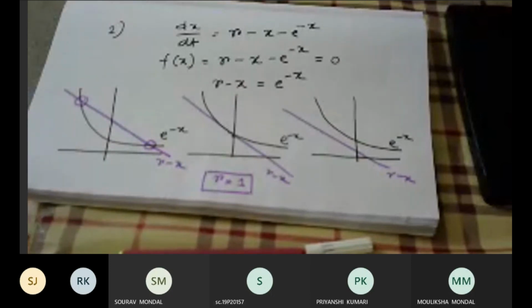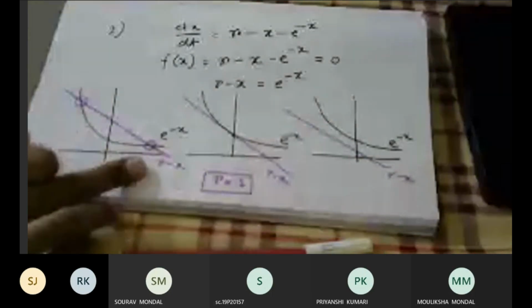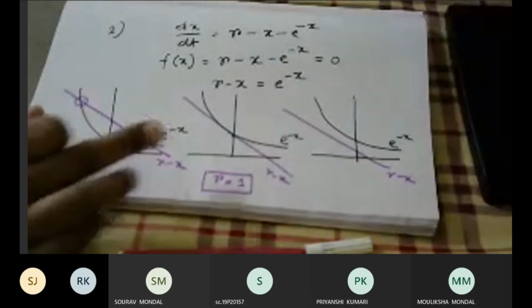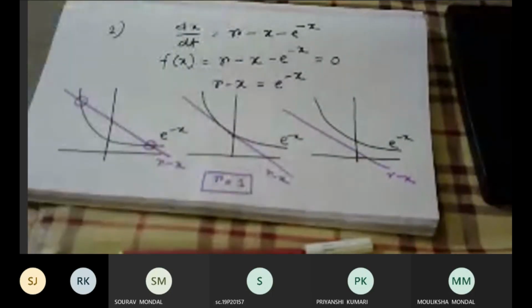Figure out which one was stable, which one was unstable, and see how r was changing and how they collided into each other and vanished in a saddle node bifurcation. This is a task for you. I hope this will be a good exercise, and you will get a clear idea of what saddle node bifurcation is.